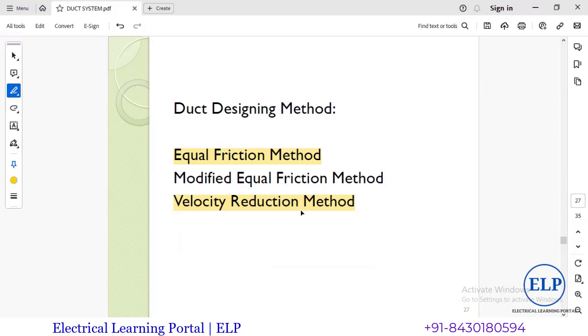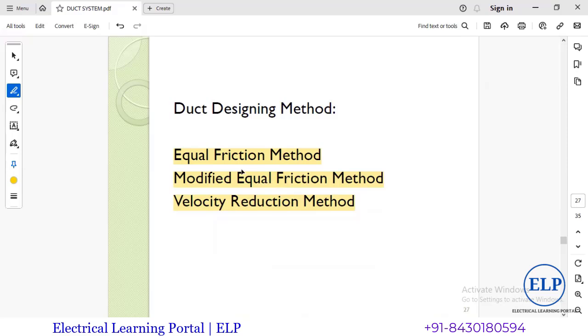And the modified equal friction method is also the equal friction method, but modified. For example, your size of the duct is 500 by 400, but you want to modify the duct size, so you make it 500 by 350. That is the modified equal friction method.